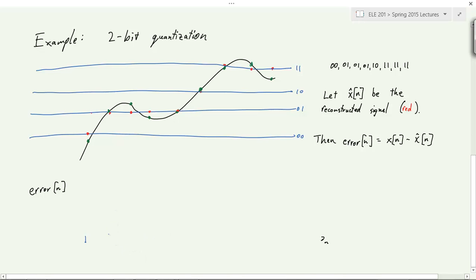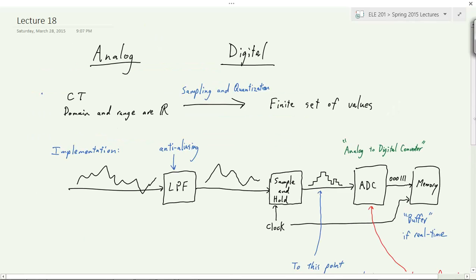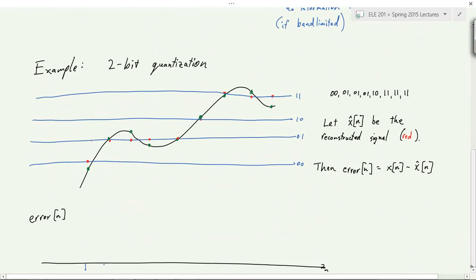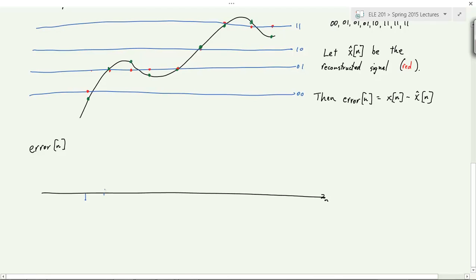I went the wrong way. This way. Next one's quite a bit above. Okay, so there's an error signal, all right.